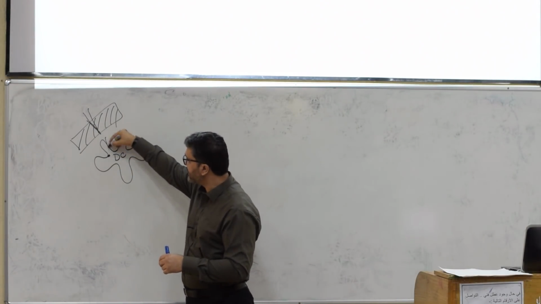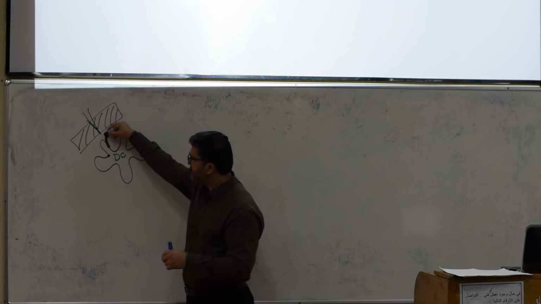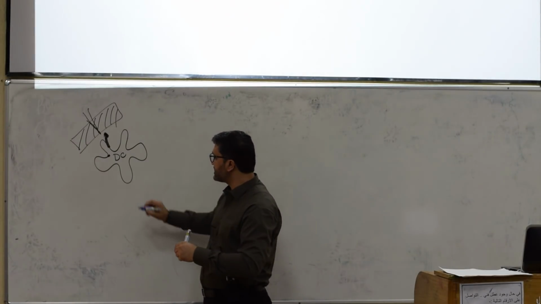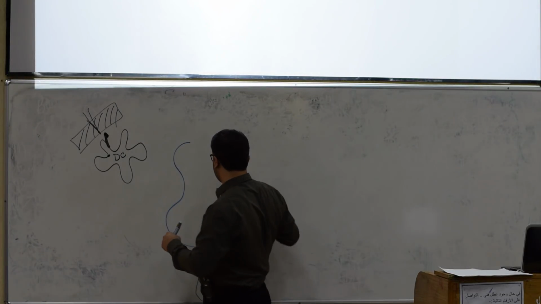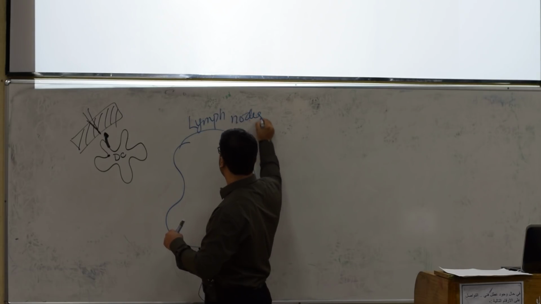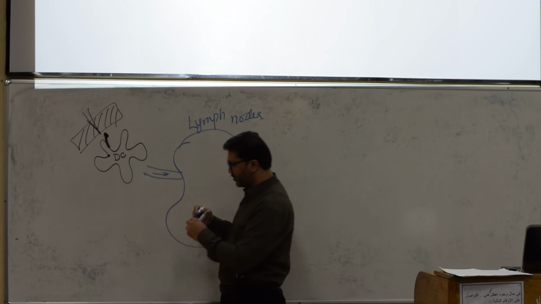It will be first taken up by dendritic cells. Which receptors will take it? PRR will take it up, and then this dendritic cell is going to move towards where? Lymph nodes. So this is going to go into the lymph nodes.